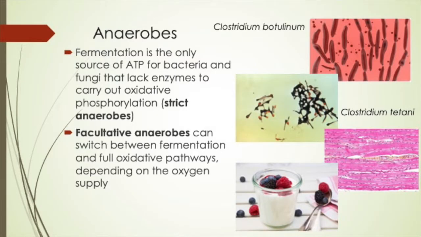There are certain species of bacteria, there's certain species of fungus that only go through fermentation. There's also certain ones that will switch between fermentation and oxidative pathways. So strict anaerobes are those that only go through fermentation. So the first one is Clostridium botulinum.